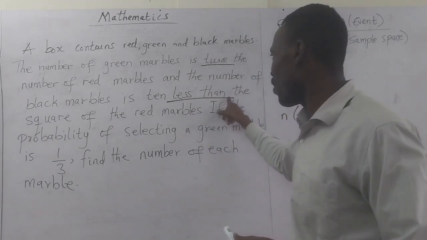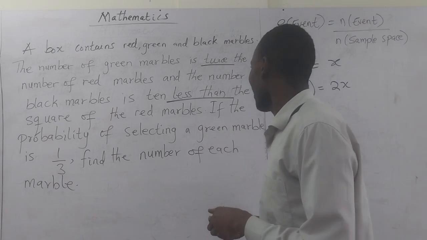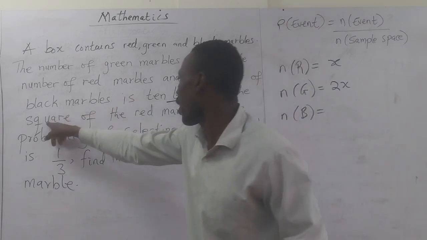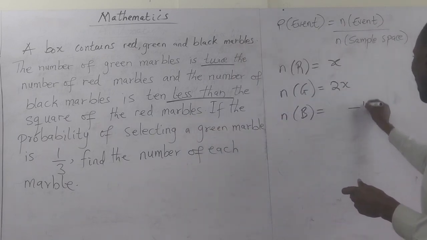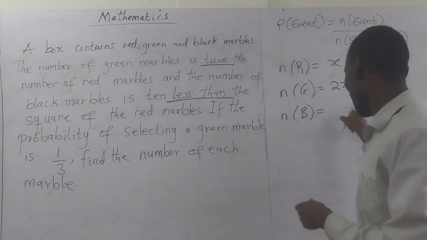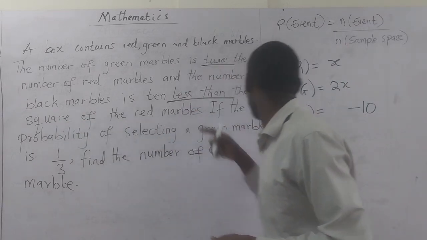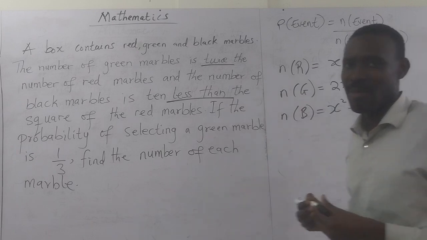So less than in the basic operation, we go for the subtraction or minus sign. Alright, so it's what? 10 less than the square of the red marbles. So 10 less than, so if you don't want trouble, just write minus 10. Less than what? The square of the red marbles.